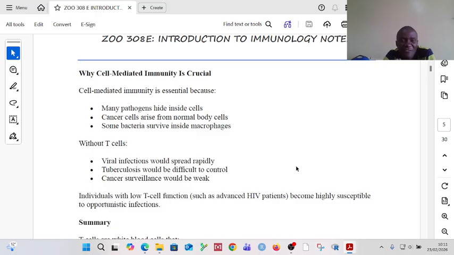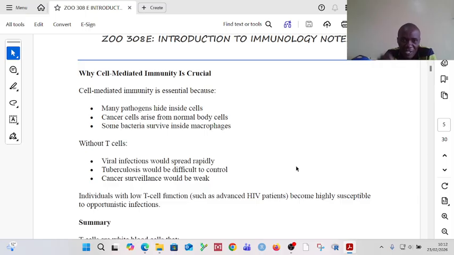If we didn't have T cells, which are the main players in cell-mediated immunity, then viral infections found inside our cells would spread rapidly.